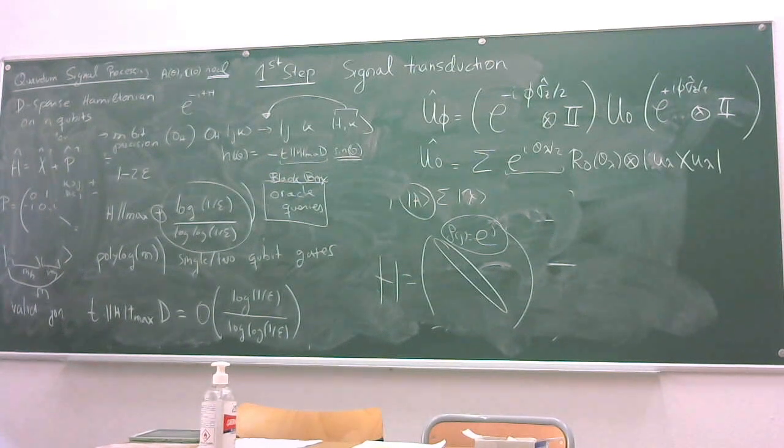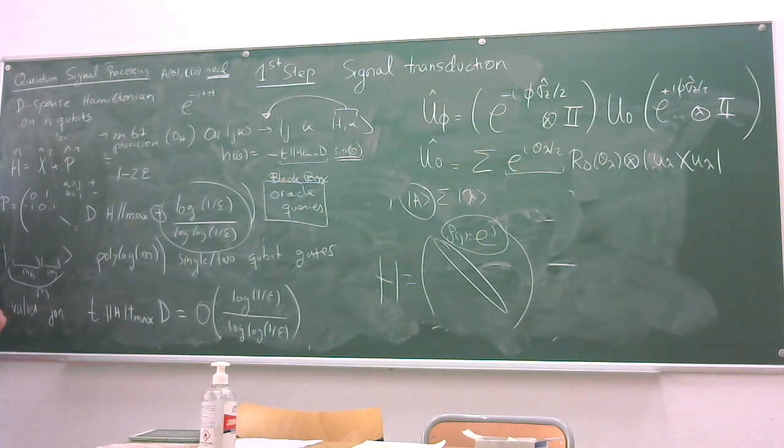Why doesn't this work for non-sparse Hamiltonians? Because the scaling of the complexity is not optimal, and there may be more optimal ways of implementing that kind of Hamiltonians. In the end, you have a factor here which is the sparsity.